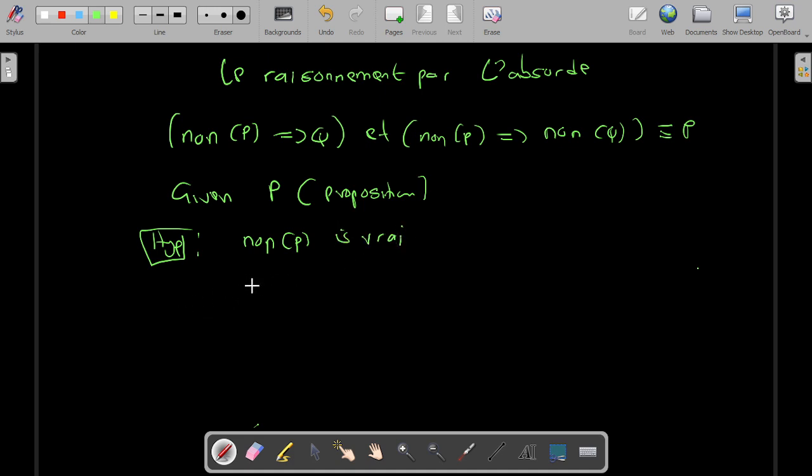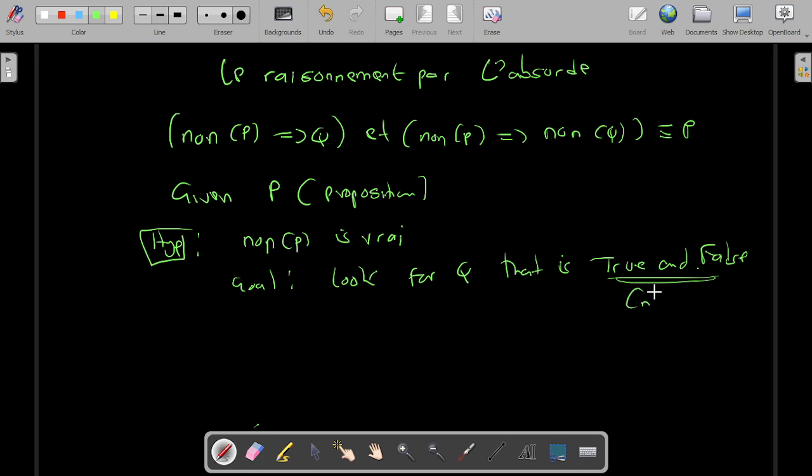And then our goal will be to look for a proposition Q that is true and false. Because this is impossible, we cannot have this, so this is going to be known as a contradiction. So our goal will be to look for a contradiction. Once we arrive at that contradiction, then the proof is done.